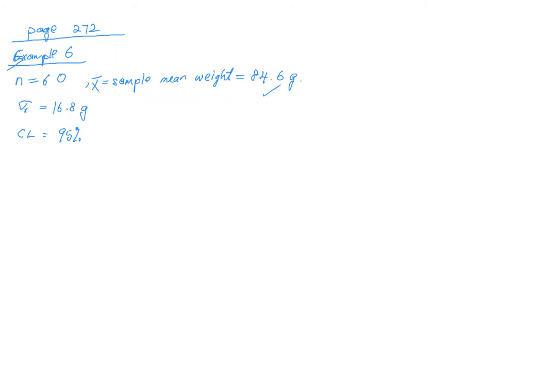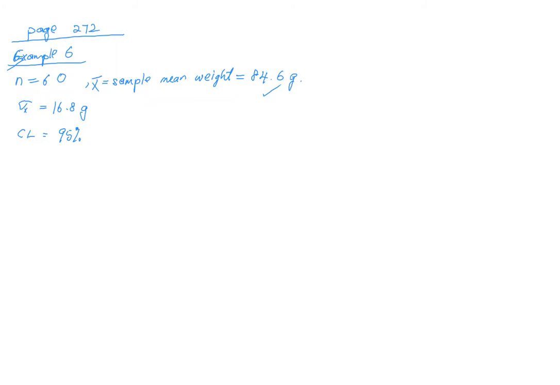Go to stat, test, Z interval. Statistic. Okay, the standard deviation is 16.8 and the mean is 84.6. Sample size is 60.